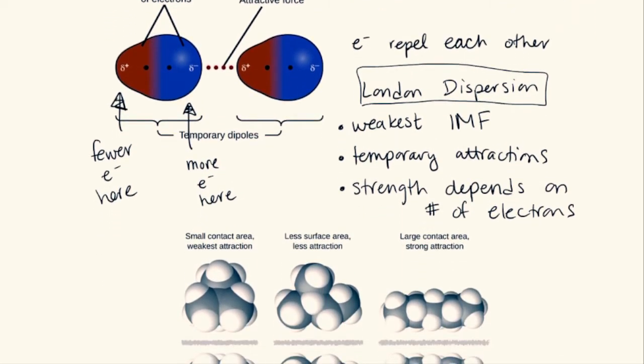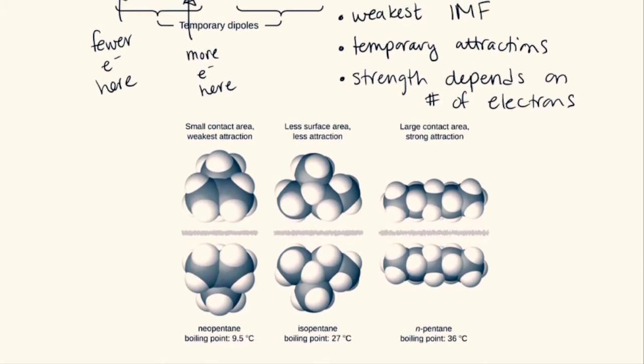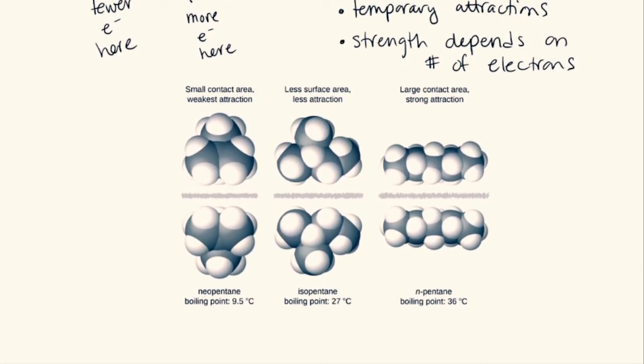So we have a couple of pictures here that show the last piece of it. It'll depend on the number of electrons. So it's going to be stronger for molecules with more electrons.